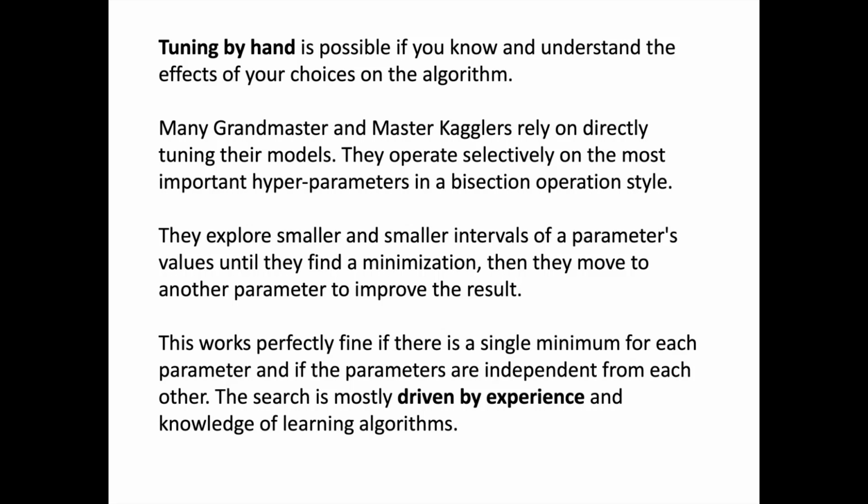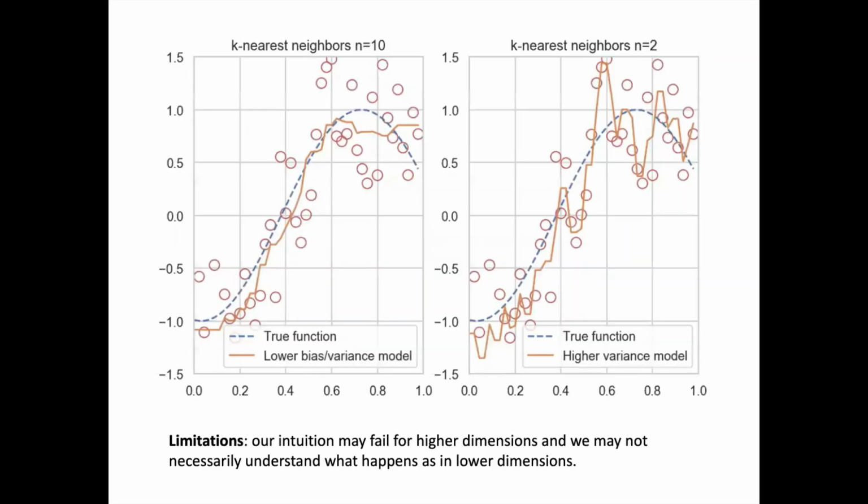Though this is practical in some Kaggle competitions by very expert participants, for the majority of us, this is quite difficult. It can really work, for instance, with a simple algorithm like the k-nearest one, when you have just a few hyperparameters to tweak. For instance, here the dominant one is the number of neighbors that you have to take into consideration.